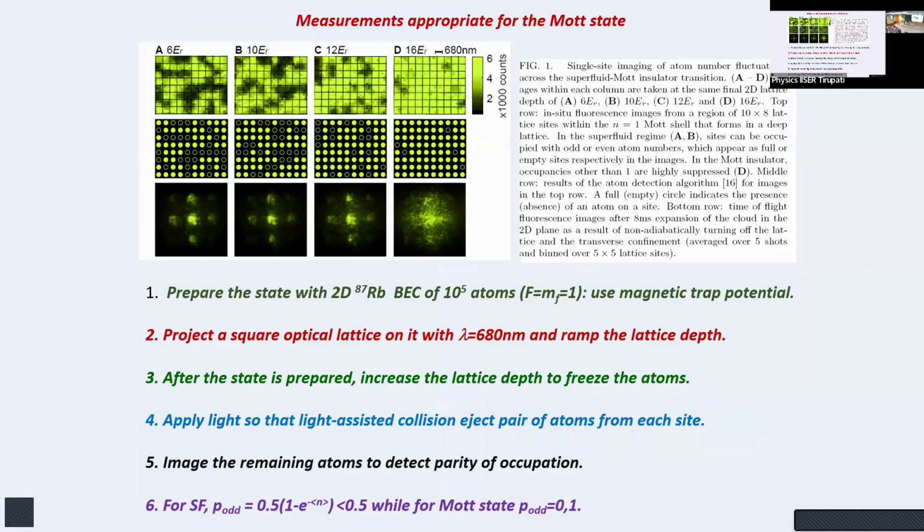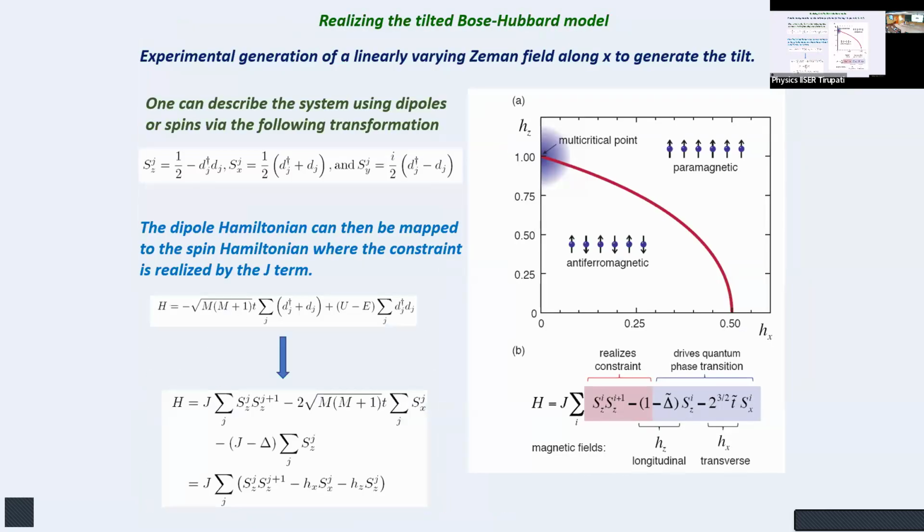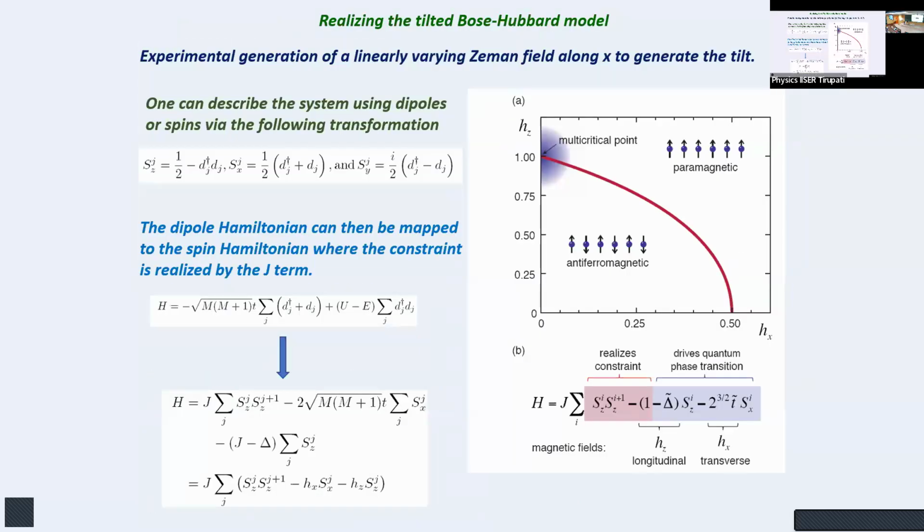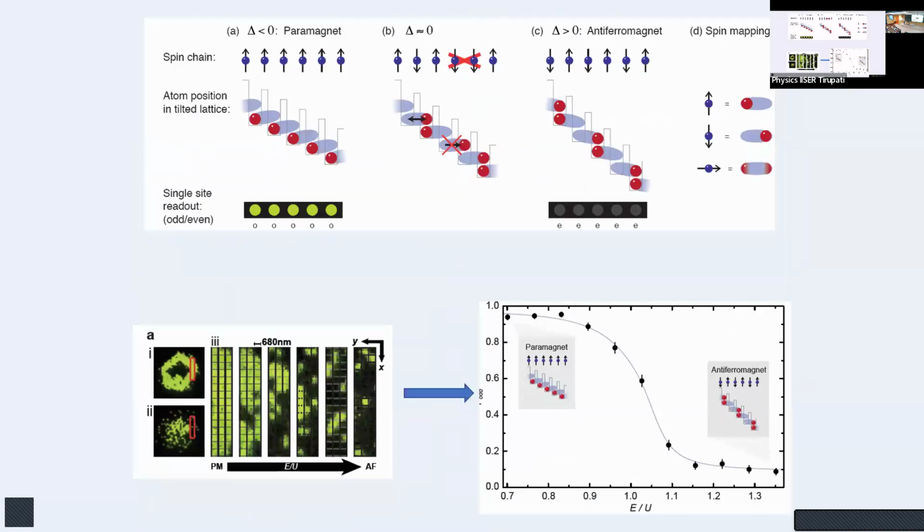Much later, and again I'm not going into details, people in Markus Greiner's lab looked into this, and they did see a transition from this paramagnetic state, the no-dipole state, to this state, and there is this nice curve. Of course, they cannot determine the universality class of the transition in an experiment, but I would be very surprised if this doesn't turn out to be Ising.